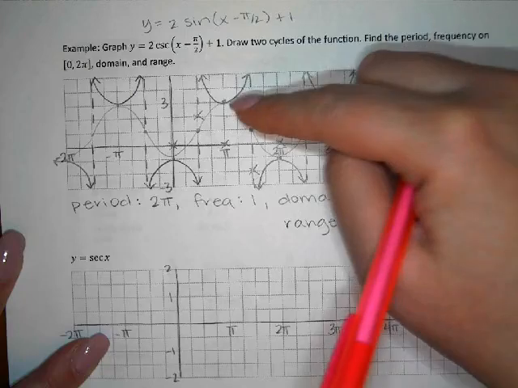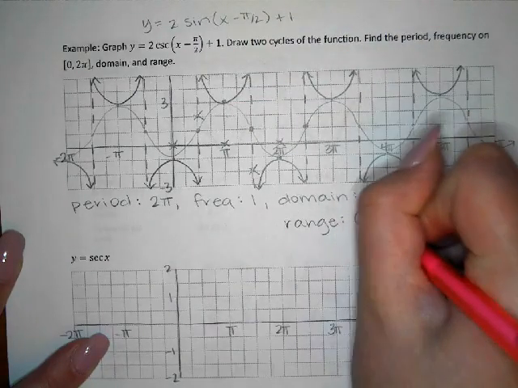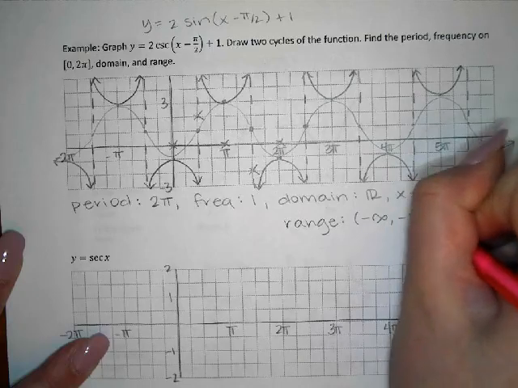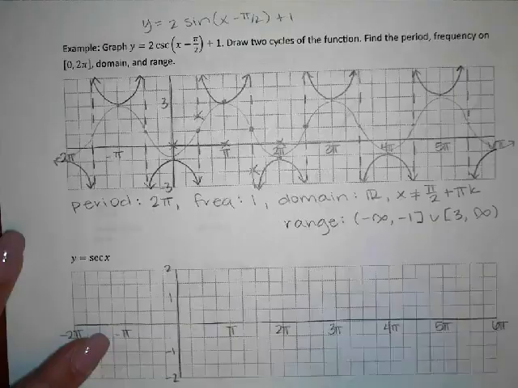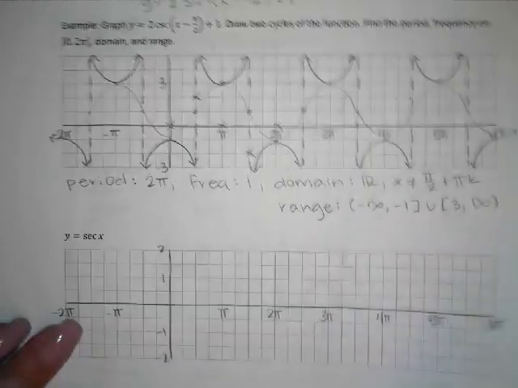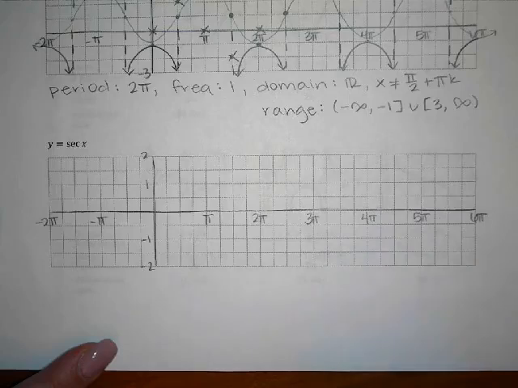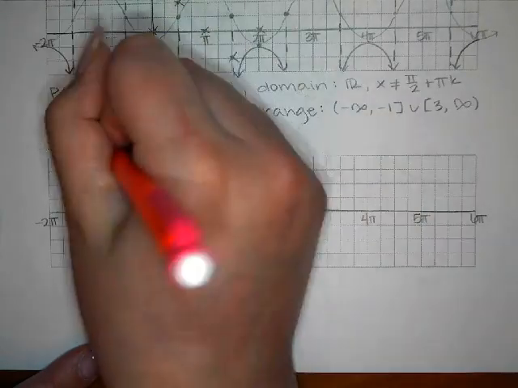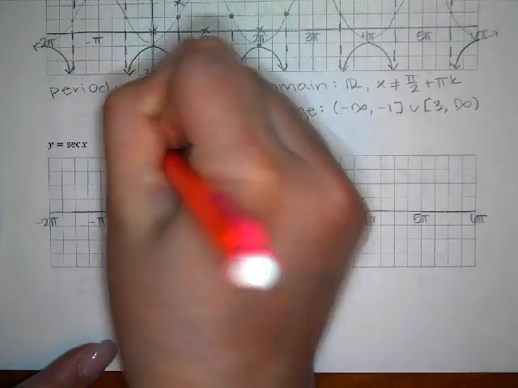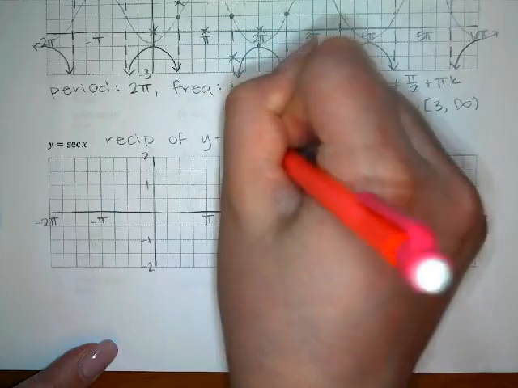So secant is just like cosecant, but instead of basing it off of a sine curve, you're going to base it off of a cosine curve. So this is the reciprocal of y equals cos. So I'm going to start with the cos curve. I'm going to start up at 1, end up at 1, dip down to -1 in the middle, cross 0, cross 0.